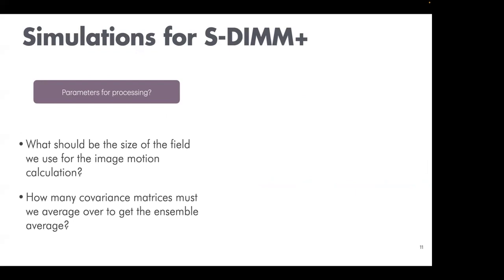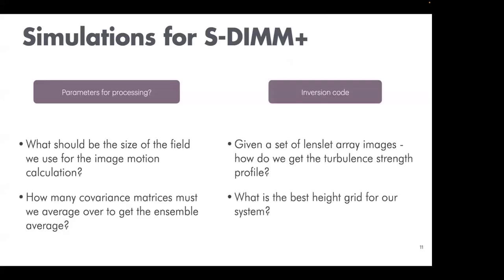Because S-DIMM Plus, at least before we did it, had mostly been done with 1 meter or larger telescopes. With a smaller telescope, you expect the magnitude of image motion to be higher, and our site is also not great, so again, more image motion. And what algorithm you choose fixes the accuracy of your image motion calculation. So we needed to fix those parameters.